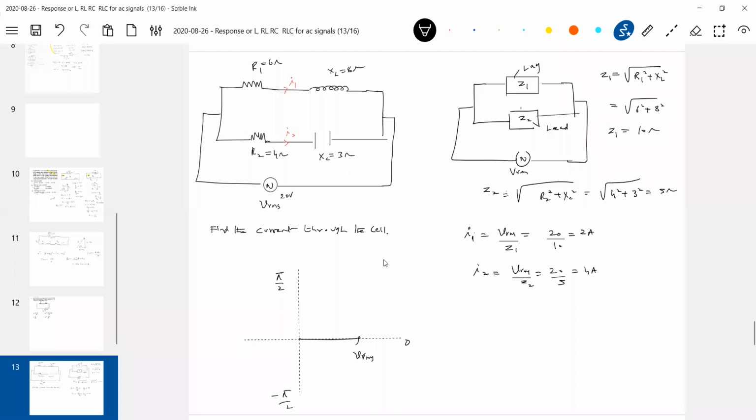What actually lags? Current lags the applied voltage, no? So therefore I1 should be shown here. What about I2? What about Z2? It is a lead circuit. The current leads the applied voltage. This is the applied voltage. So therefore we have to show that one here.